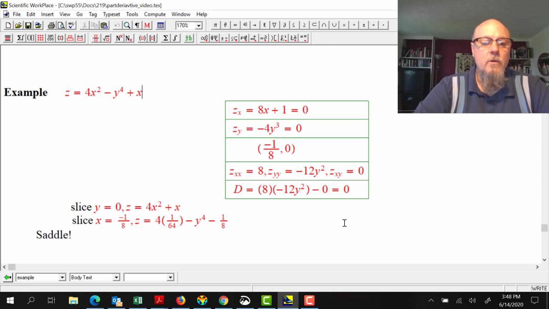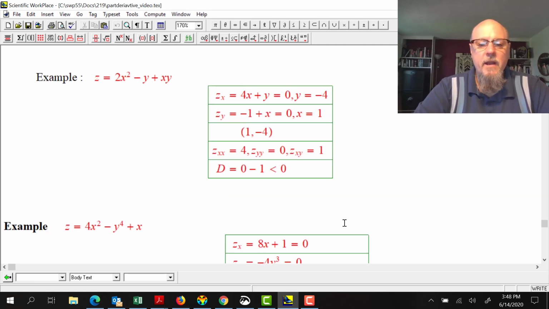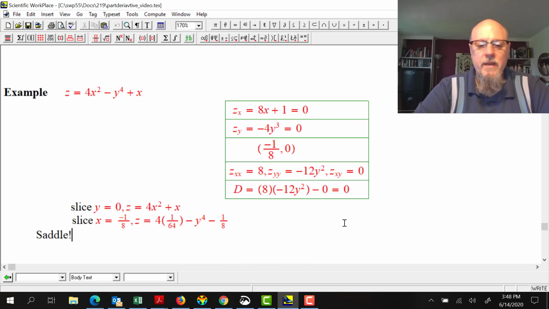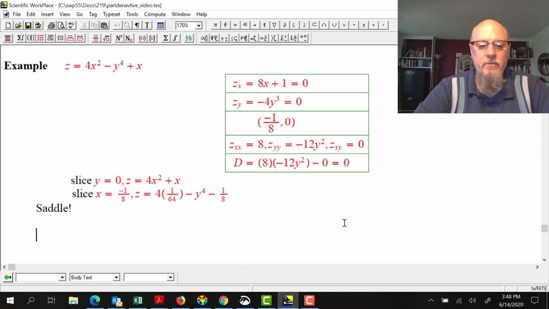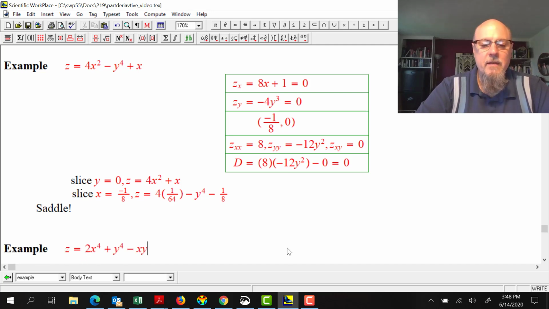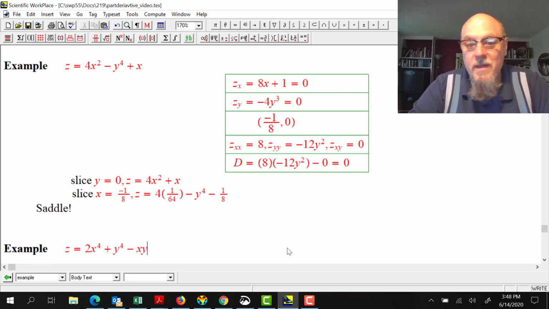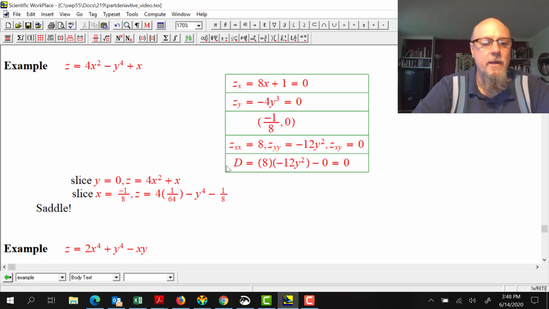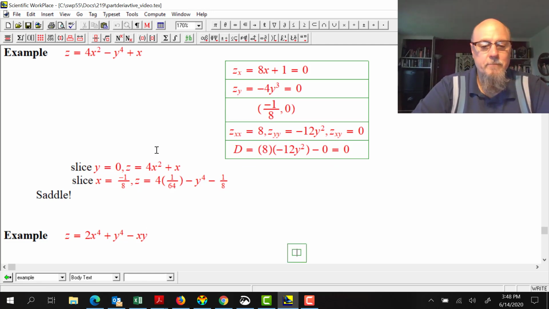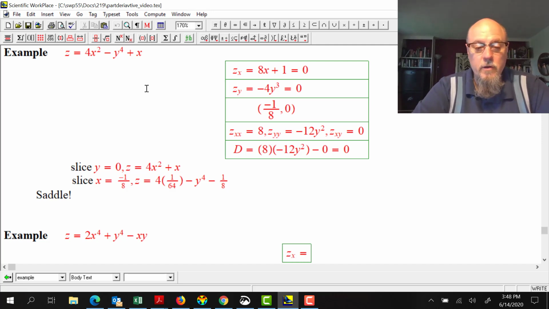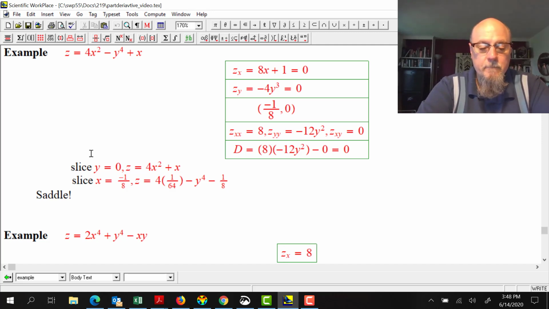All right, so we did an example where we got a clear saddle point. We got an example where that whole thing didn't help us out. Hopefully, the next example is something that's a max or min, so we can see that working. Same idea. I got to find the critical points. So finding the critical point is going to be 8x.